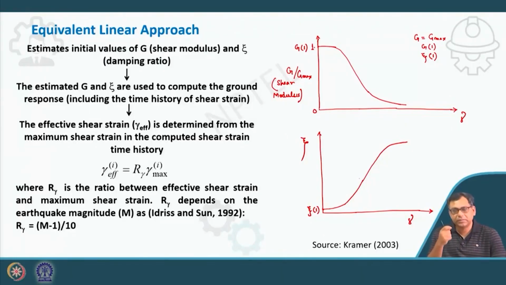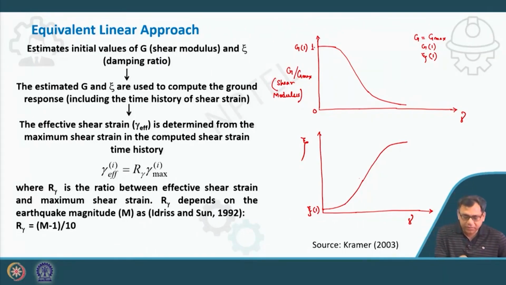We can get the variation of shear strain with time, because from the previous case, if you see the expression, the shear strain is a function of z and t. So at any depth, you can determine the variation of the shear stress and shear strain with time.